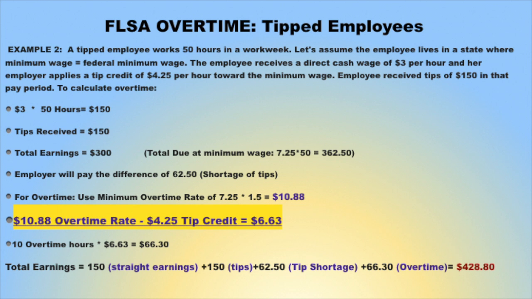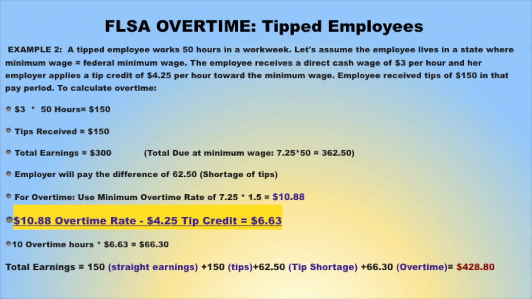She worked 50 hours, so her earnings are 150. Tips that she received are 150, so the total earnings are $300. And the total earnings as per the minimum wage rate should be $362. So the employer will pay the difference of $62.50, which is the shortage of tips.